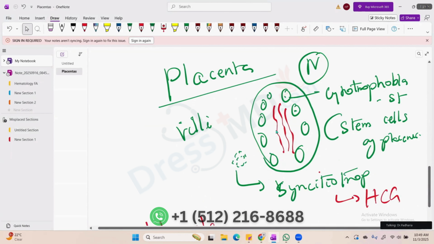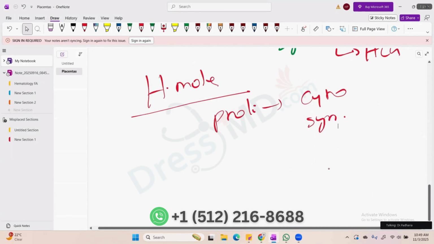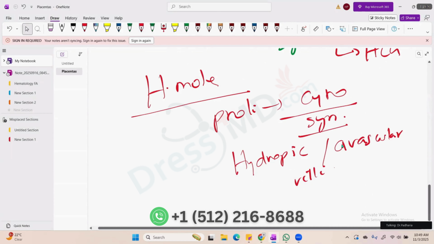There will be no vessels, and there will be dilatation of this villi. That is why it is called hydropic villi. It's called hydropic and avascular villi. And you see proliferation of the cytotrophoblast and syncytiotrophoblast.